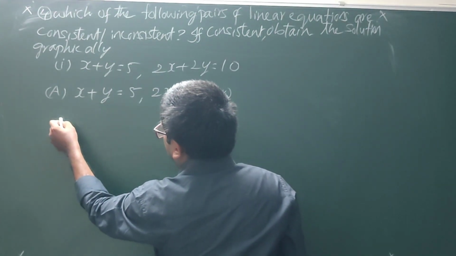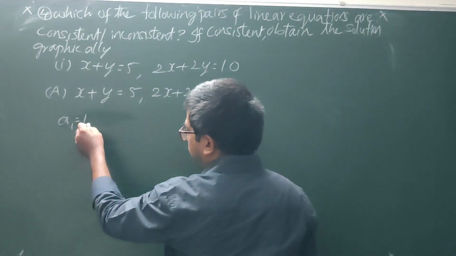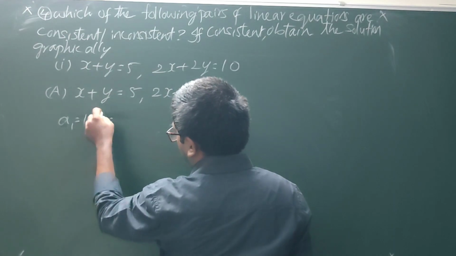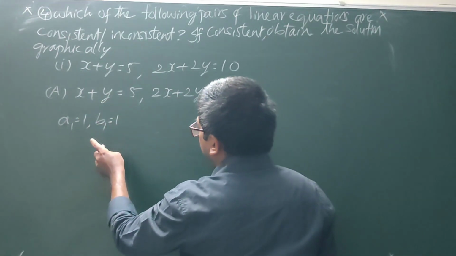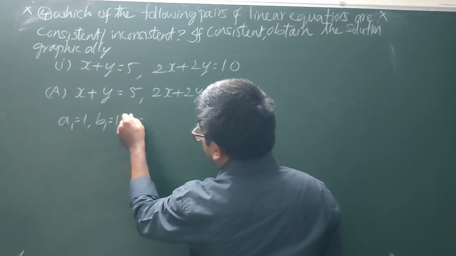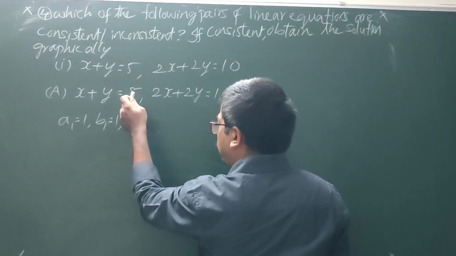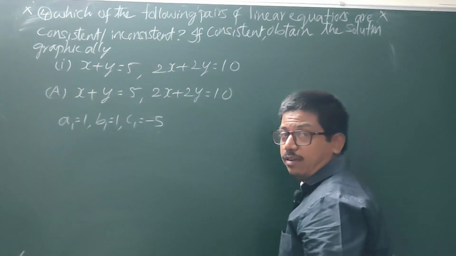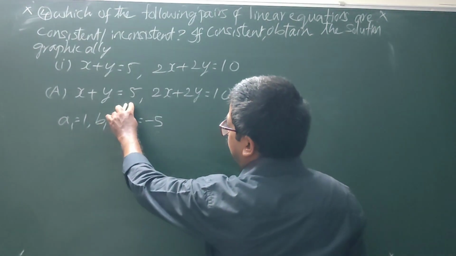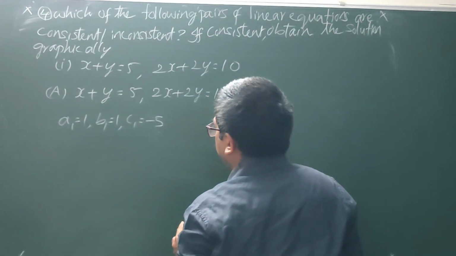For this, a1 equal to 1, b1 equal to 1, and c1 you can write directly as minus 5 by changing the sign, because if you send it from the right side to the left side, it becomes minus 5.